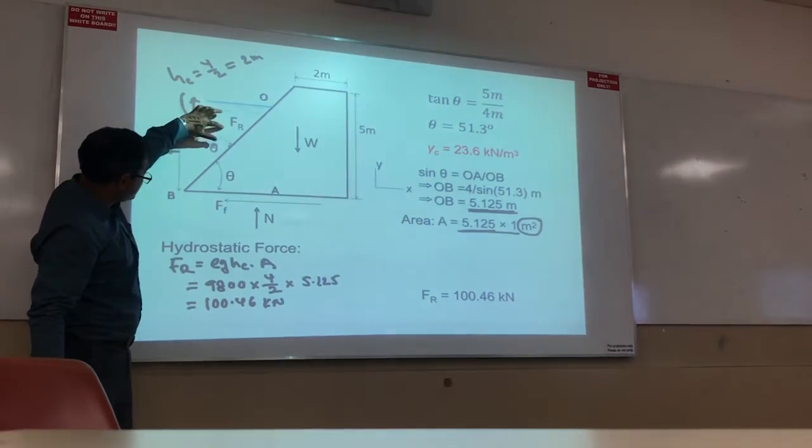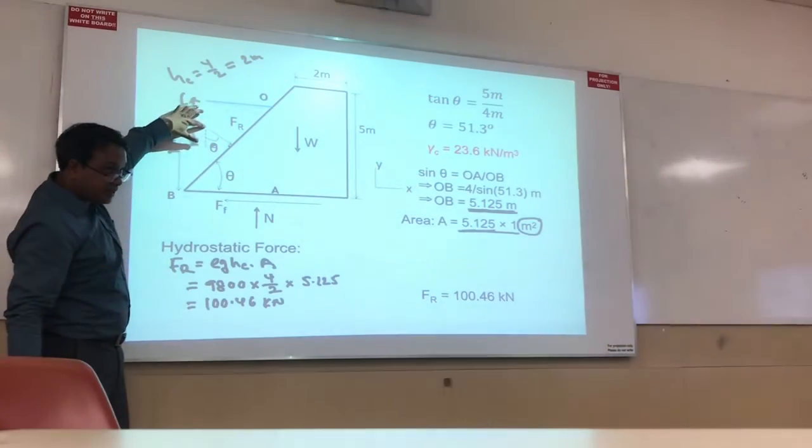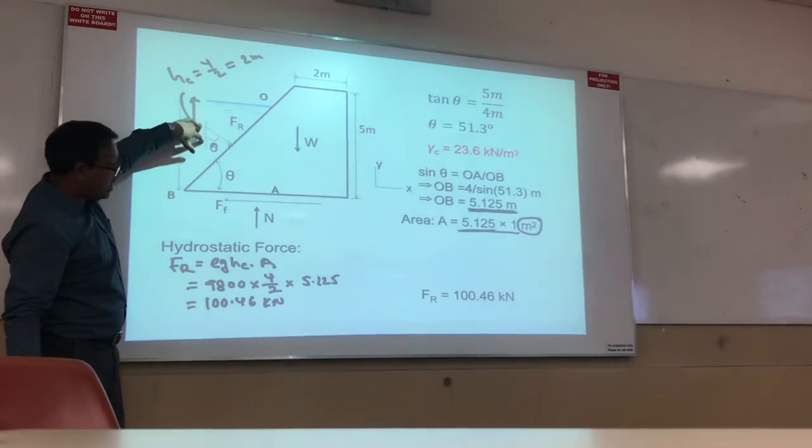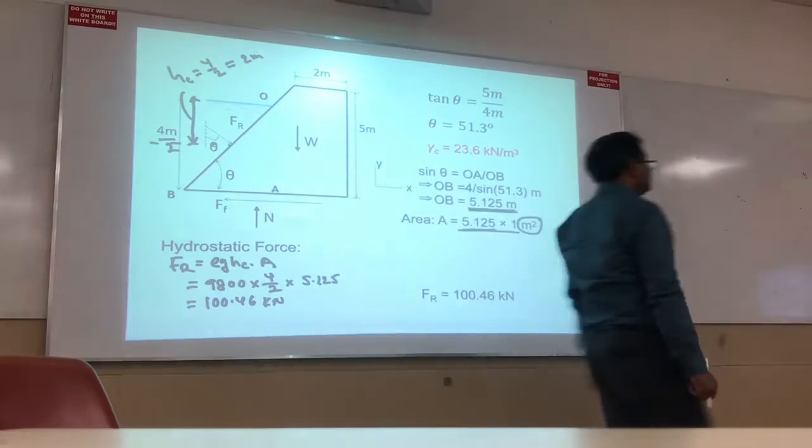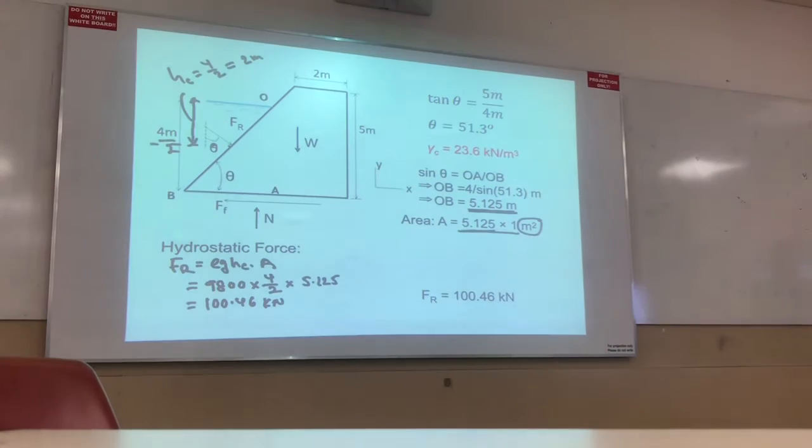So this one is Fr sin theta, this one is Fr cos theta. Right? Then I can write, it has two components. Hydrostatic force is Fr, I put it blue. Green color is the net.